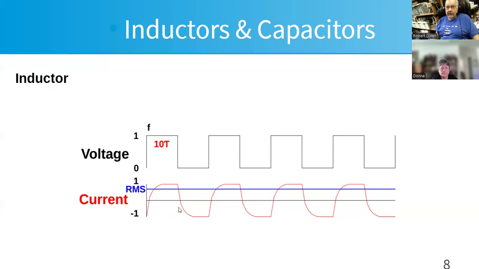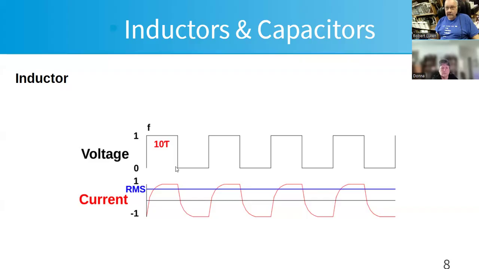So what I'm trying to represent here is the current that's flowing while we apply the voltage in the inductor. Assuming this is a fairly low frequency relative to the inductance, we're going to have enough time to completely charge up that inductor with the maximum magnetic field.